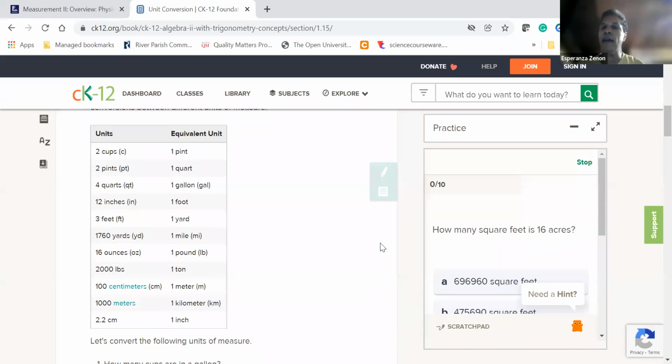A conversion factor is a fancy way of writing 1 that allows you to convert from one unit to another. And if you multiply by the conversion factor, you can cancel out like units and then express the measurement in an equivalent unit. These conversion factors, which are fancy ways of writing 1, are found in conversion charts.